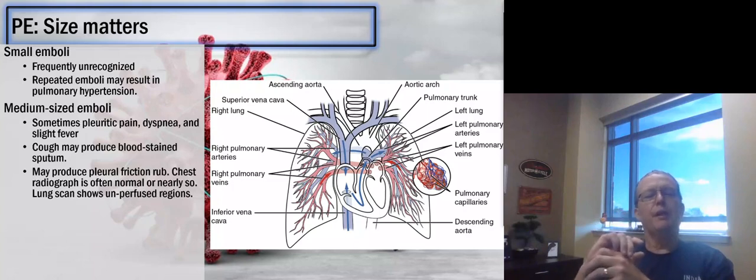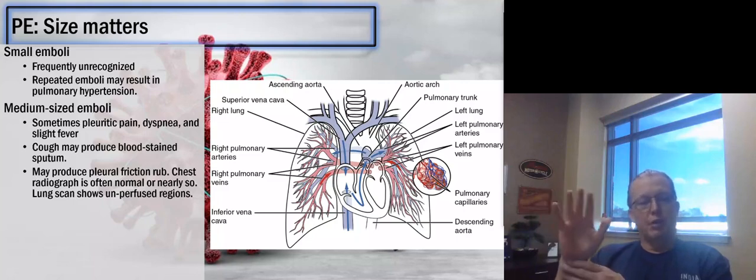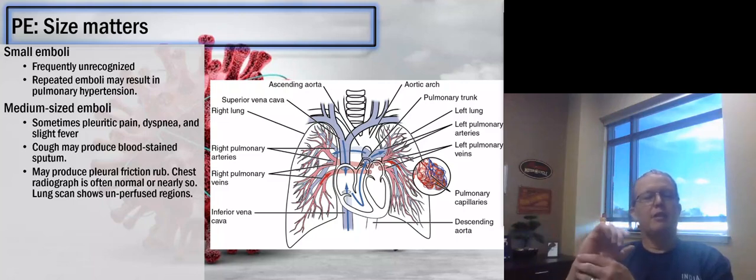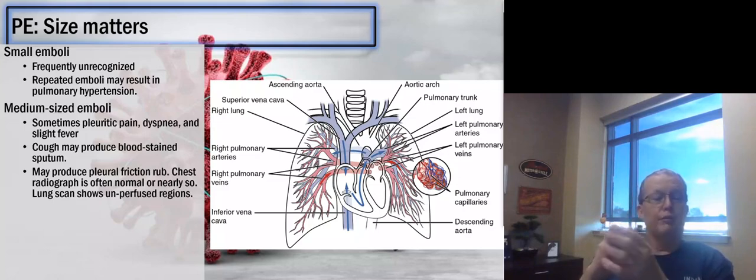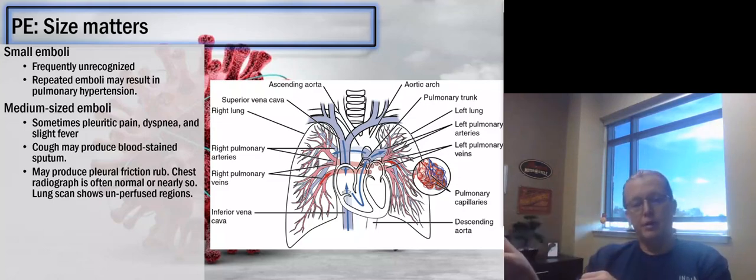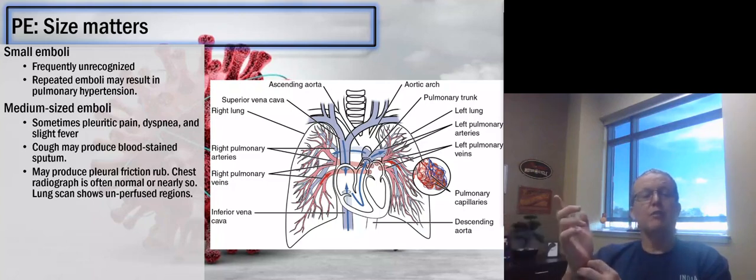The key distinction for a pleural friction rub is that it stops when the person quits breathing. So if someone holds their breath, the friction rub goes away. That's the key criteria for being able to distinguish a pleural friction rub from a pericardial friction rub. A pericardial friction rub will continue even when the individual is holding their breath.